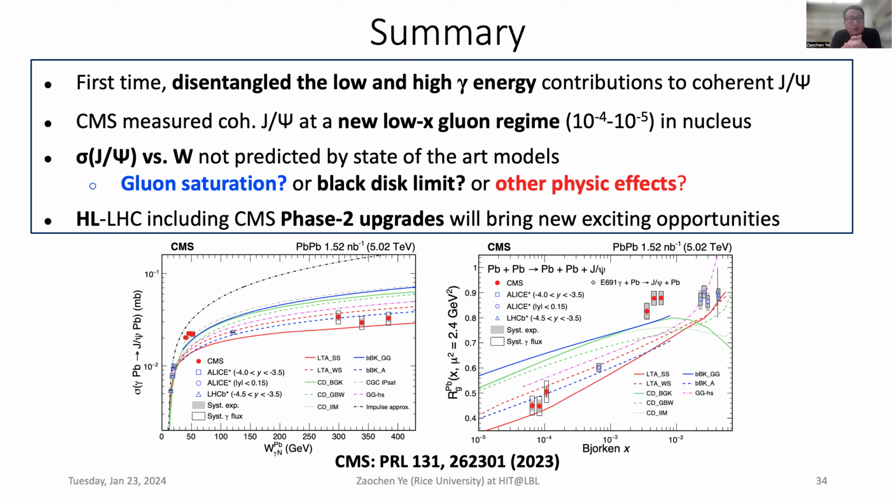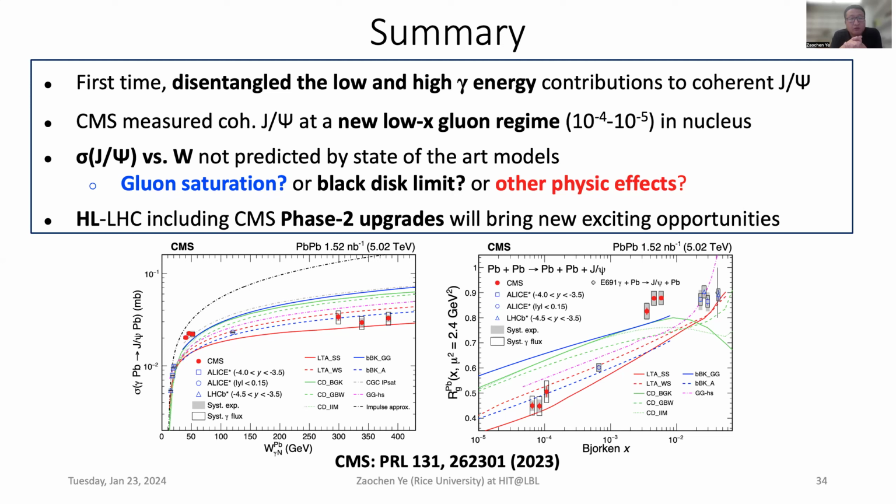The X corresponds to the 10 to the minus 4 to 10 to the minus 5 region in the lead nucleus. And the cross-section with the energy is not predicted by state-of-the-art models. So the underlying physics is still not very clear.